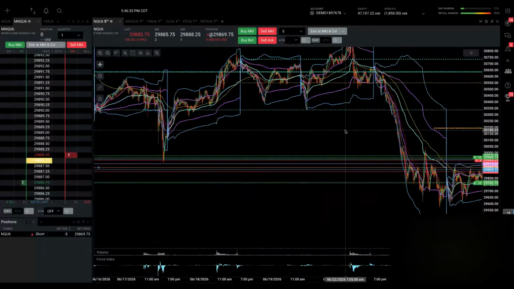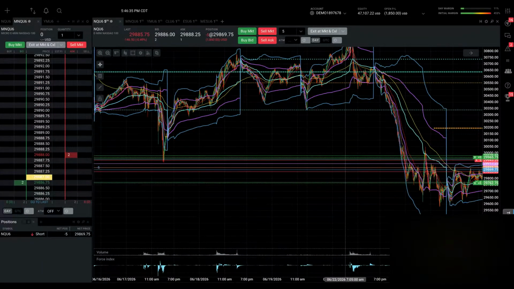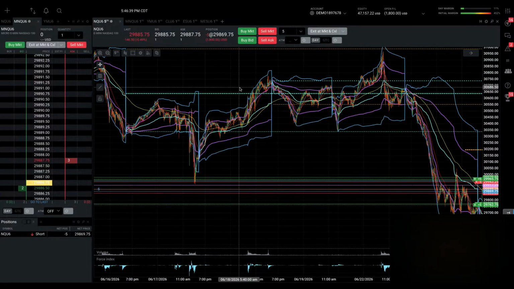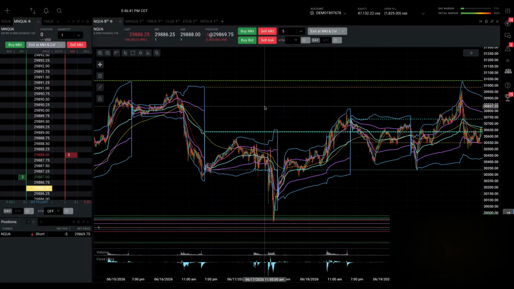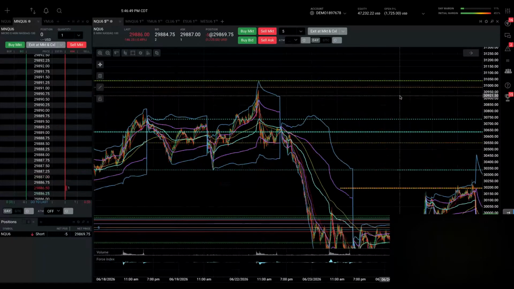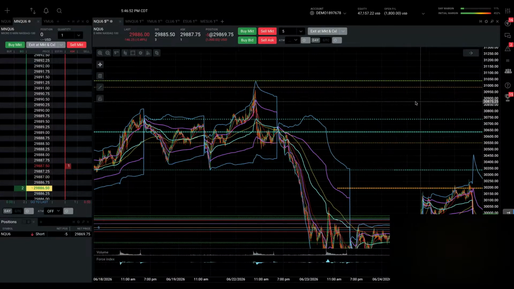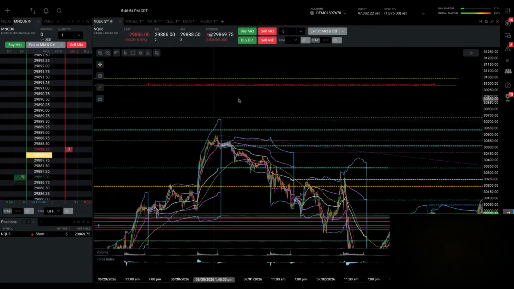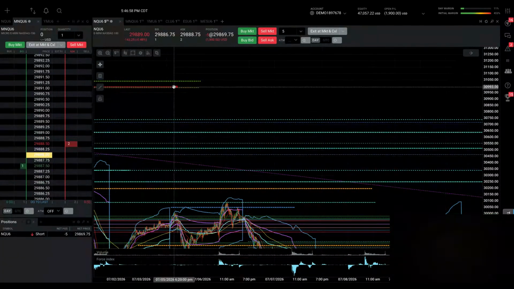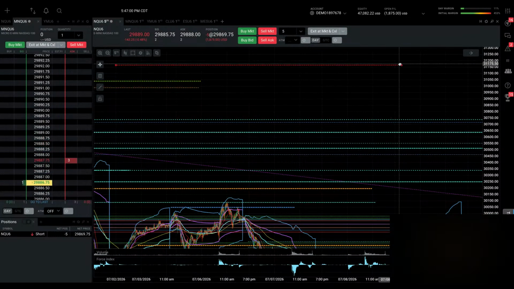So these VWAPs look to be lining up okay. Got one here, here, there. One at 844. And we can add another one here at 844.